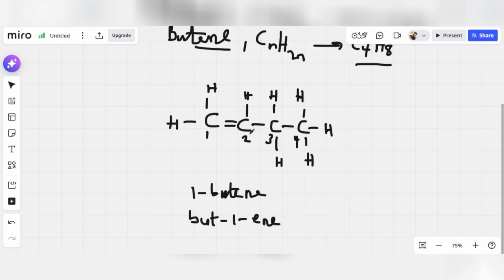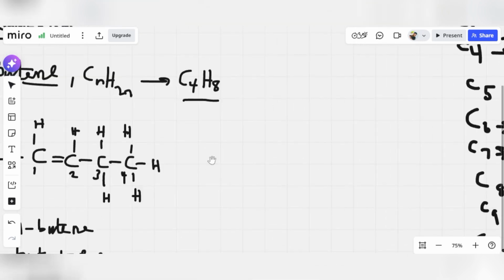But do you know that if you draw this structure in another way, your double bond might not fall on carbon 1? It might fall on carbon 2. Let's check that out. If you have C, C, C, C, that's C4. Then let's put our double bond here, that's on carbon 2.